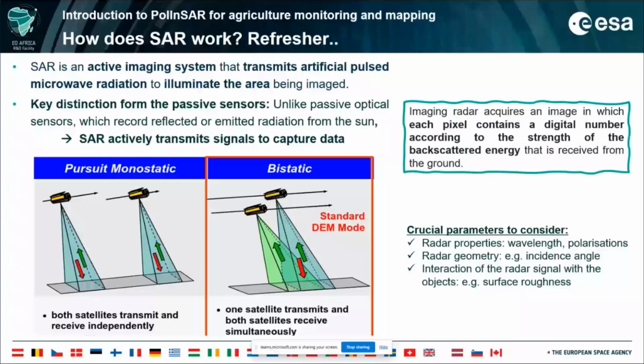Those are radar system properties, which involve wavelength, antenna, and transmitted power; radar imaging geometry, which also defines, for example, the incidence angle and beam width; and characteristics of interaction of the radar signal with the objects, like surface roughness, composition, terrain relief, including orientation of the slopes. We will now have a brief look at these concepts.